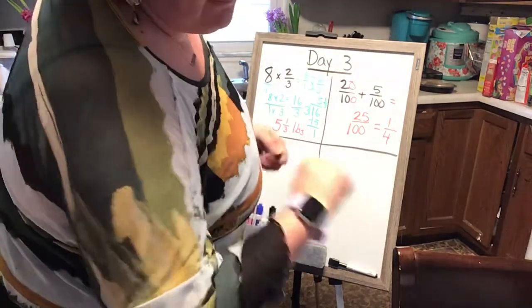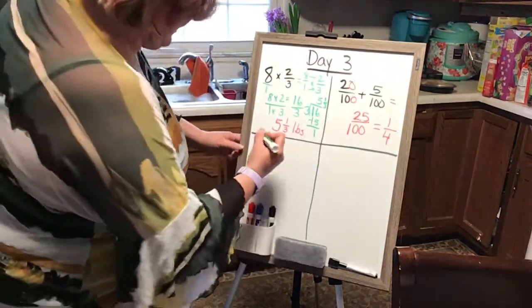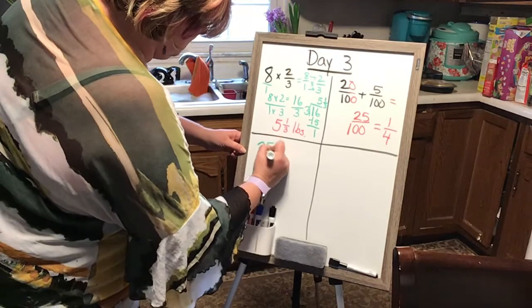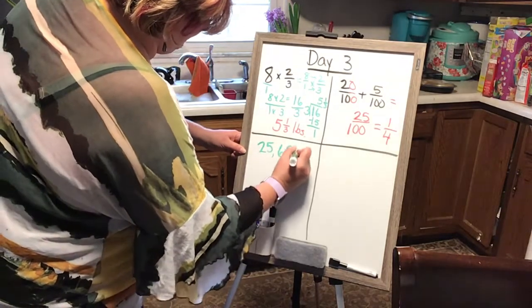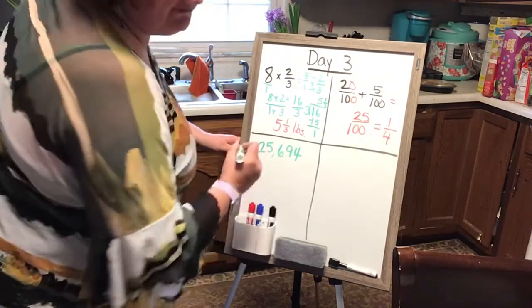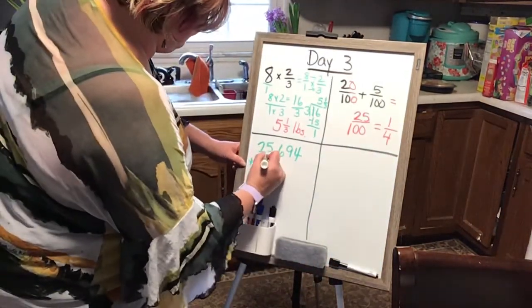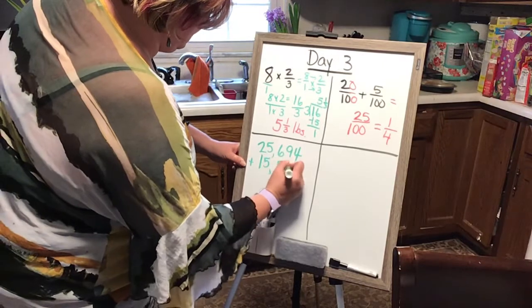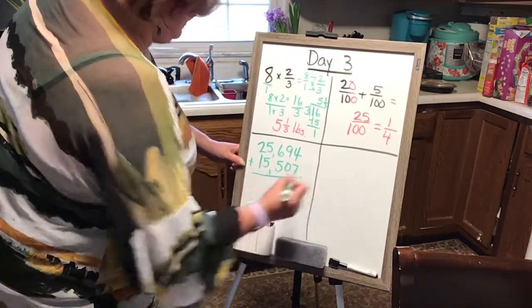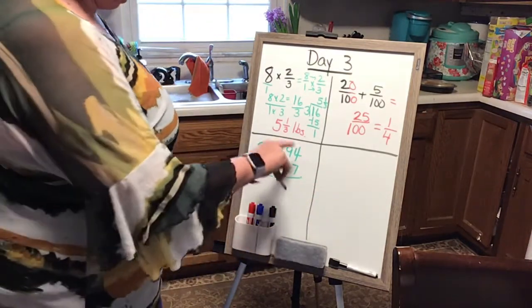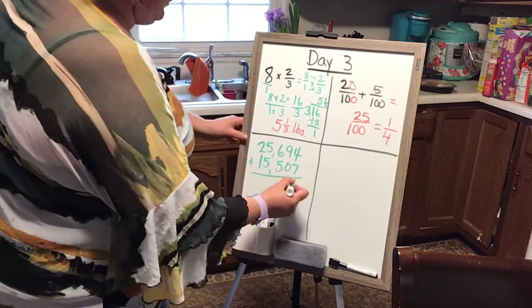We have 25,694 plus 15,507. Okay, and then just real quickly, this isn't hard, 4 plus 7 is 11.